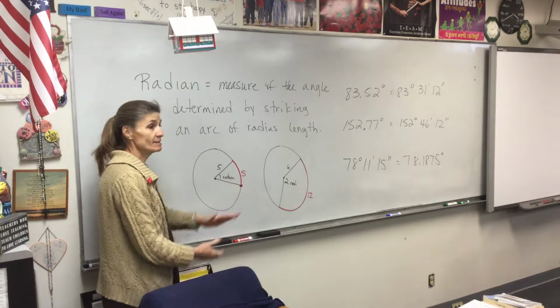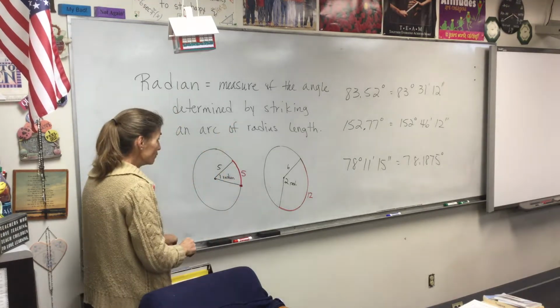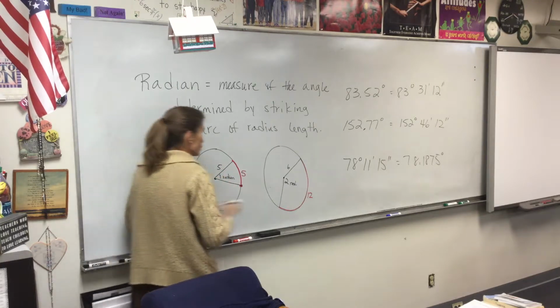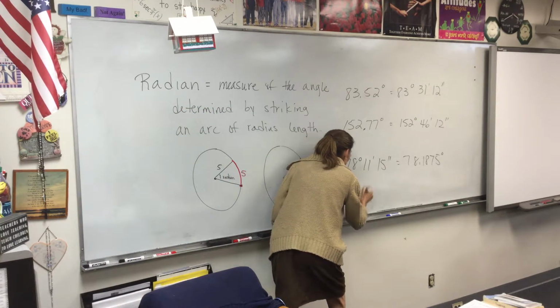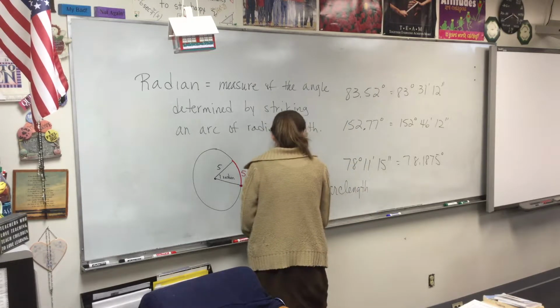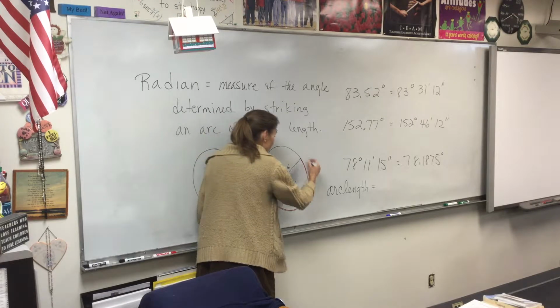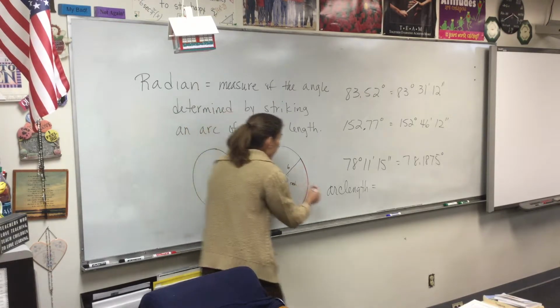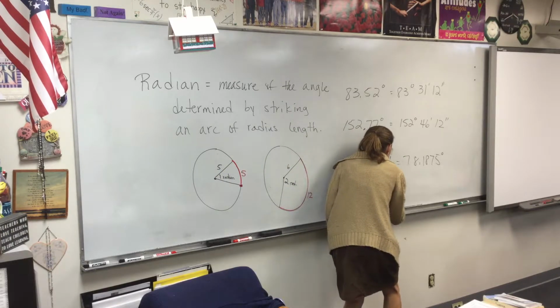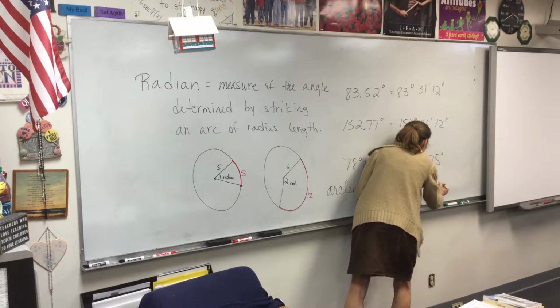You have just discovered, we're going to spend more time on this in a minute, but while we're here, you've just discovered a really important relationship. The arc length, the measure of the arc, is the product of the radius times the radians.